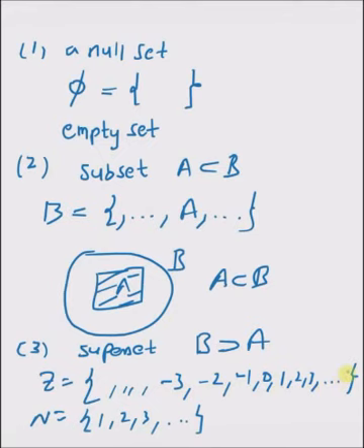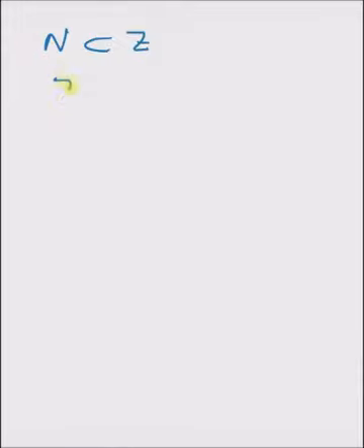Clearly the set of natural numbers is a subset of Z, that is the set of integers, since all the natural numbers are contained within the set Z. So the set N is a subset of Z. And conversely, set Z is a superset of the natural numbers N.